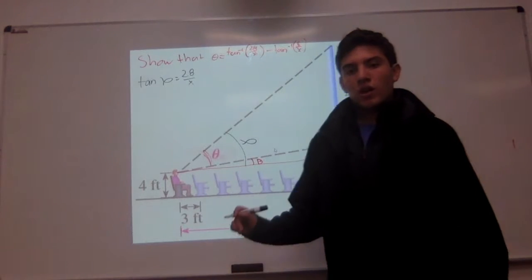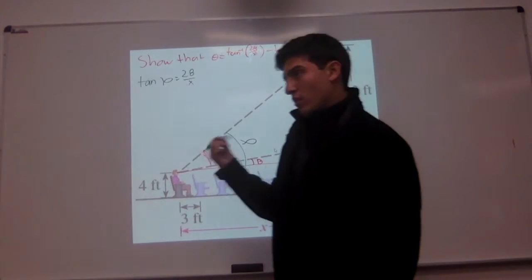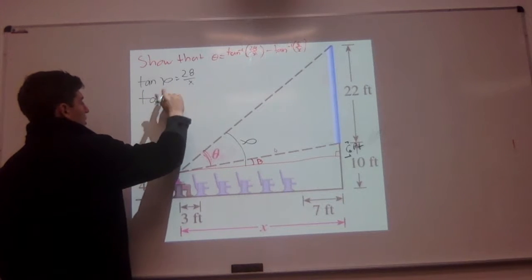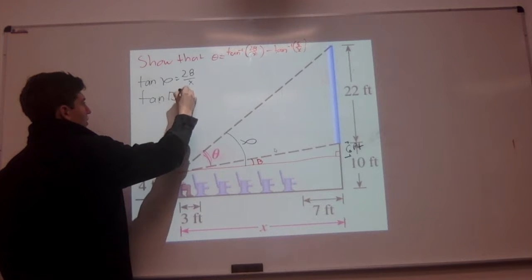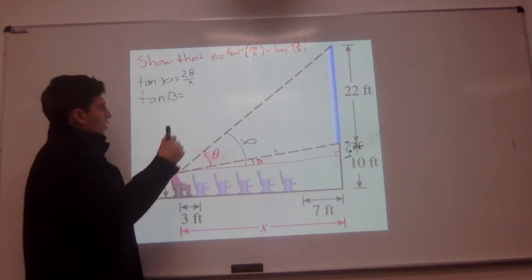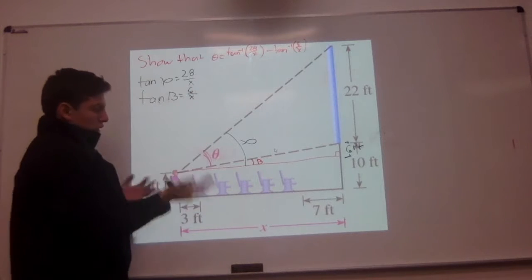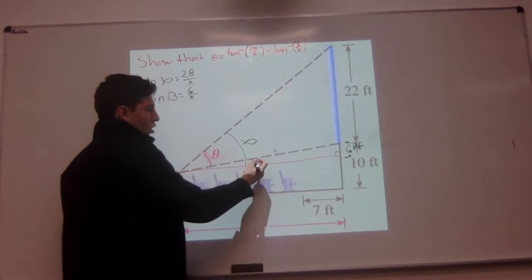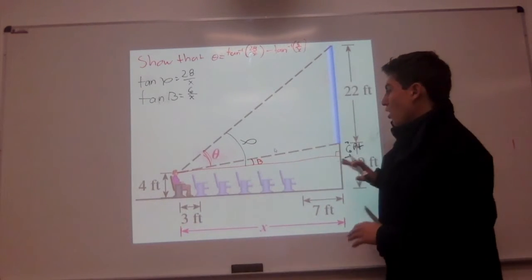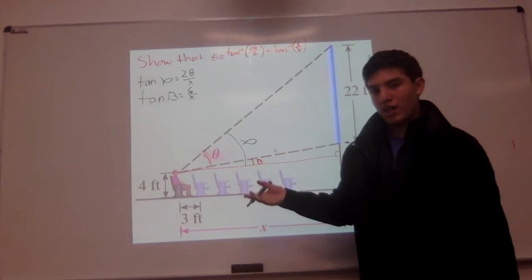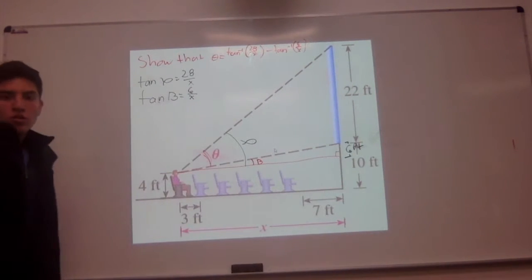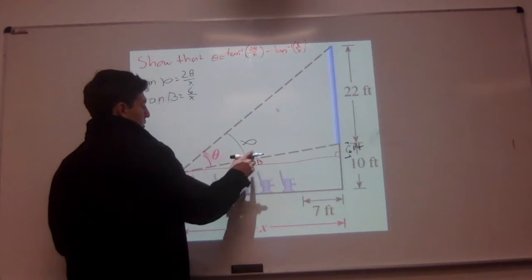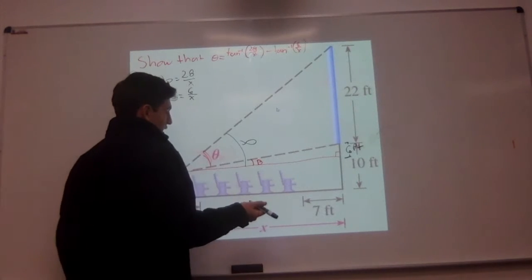Okay, so we can say then tan of beta is equal to 6 over x. Why? It's the same because tangent is opposite over adjacent, so opposite is 6 feet over x, which is the adjacent. So if we know the angles theta and angle beta, it's equal to the angle alpha.